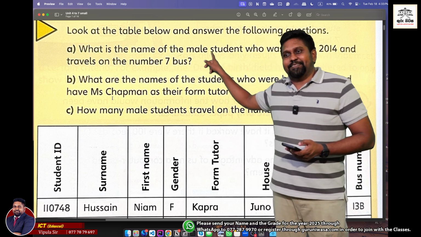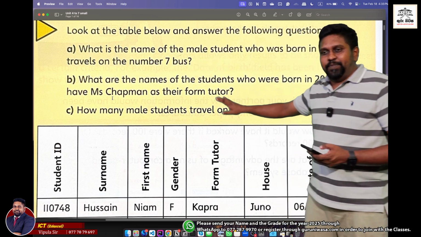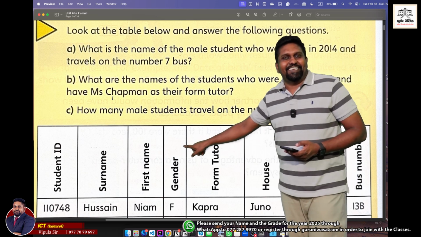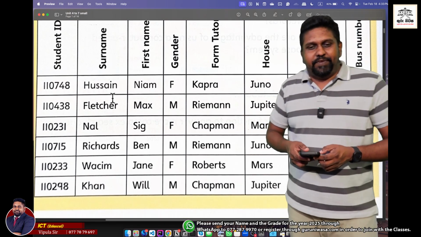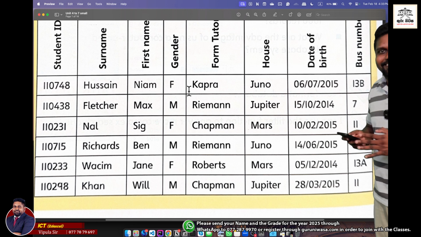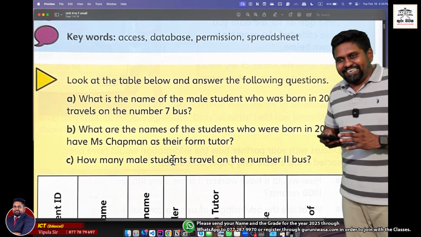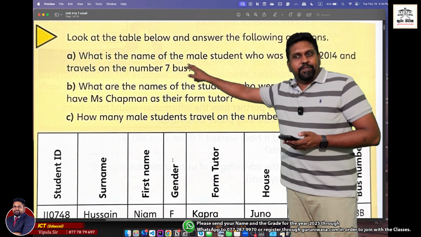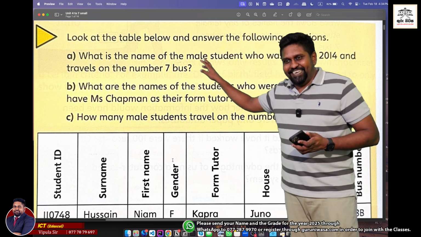That means first of all we have to get into the gender field. If I go up, we have 3 boys in the list, 3 male students, right? So we now know this is asking about those 3 students.